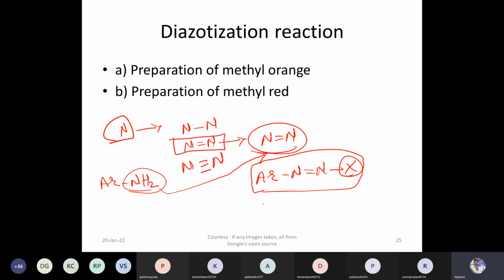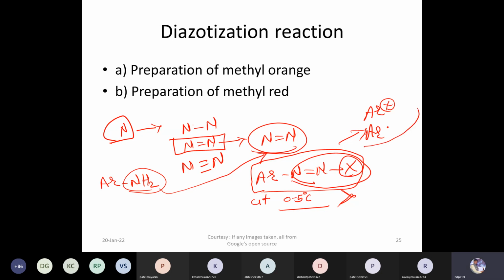This is stable not at room temperature but at low temperature, and the reaction mixture temperature must be 0 to 5 degrees centigrade only. If the temperature is greater than this, decomposition will take place, and we will get some reactive intermediate, maybe Ar plus or Ar free radical, depending on how the decomposition takes place, but we will not have the diazonium salt.